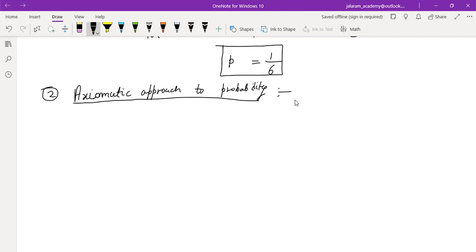Axiomatic approach to probability. The theory of probability which is related to set theory is called axiomatic approach to probability.